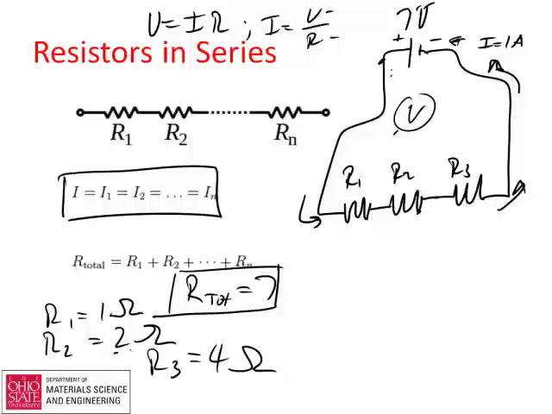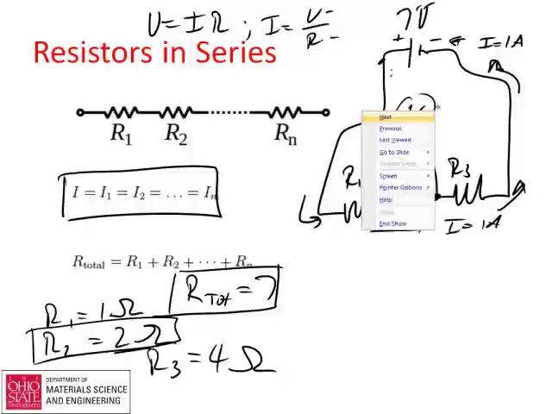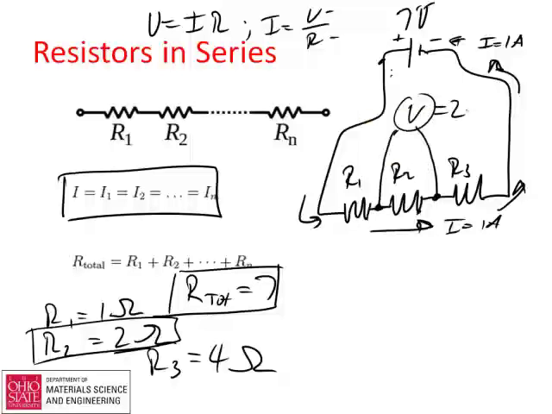R2 has 2 ohms across it, and if I clip it between there and there, what should my reading be? Well, if a current of 1 amp is running through there, and this is a 2 ohm resistor, the voltage I should measure here will be equal to 2 volts.